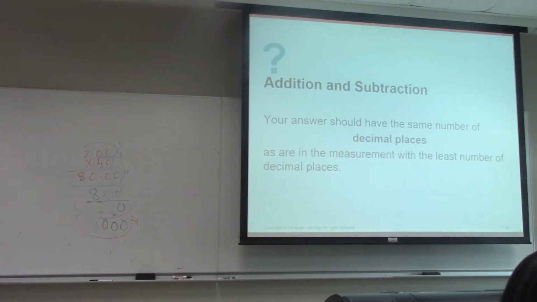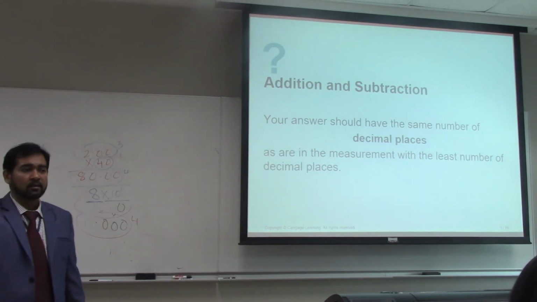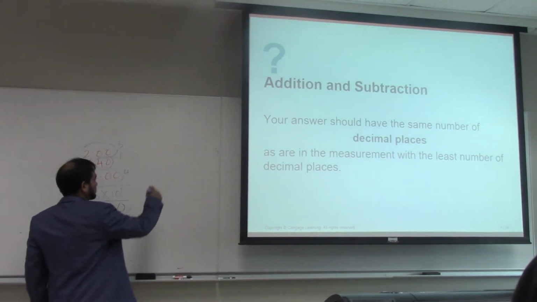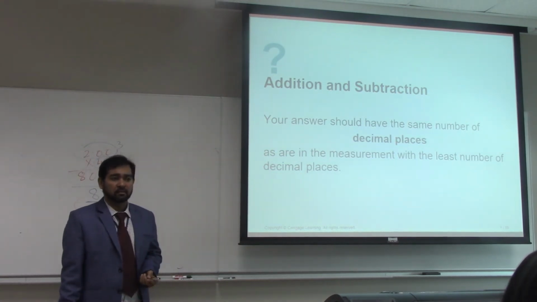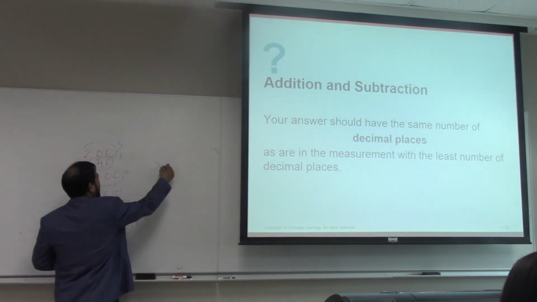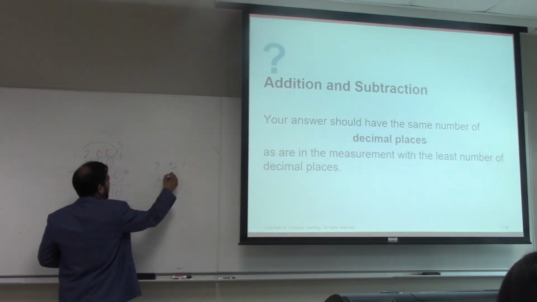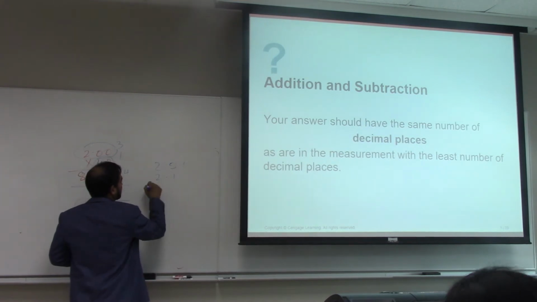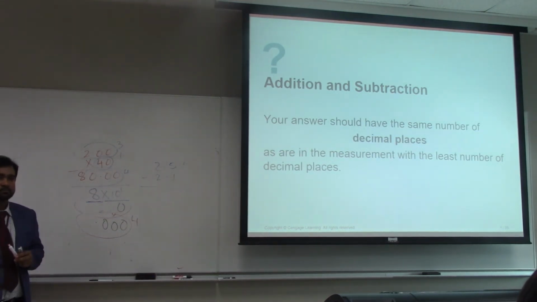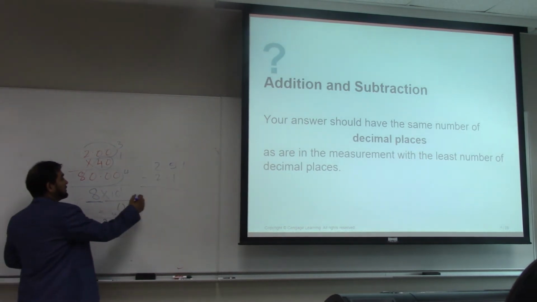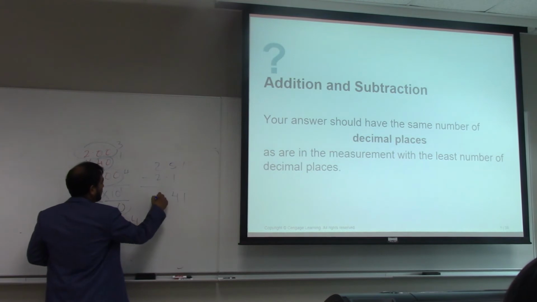And what about adding or subtracting? When you add and subtract, you take the minimum number of decimal places. So you have 2.51 and 2.1, and you subtract them. You subtract these two, and you got 0.410, right?